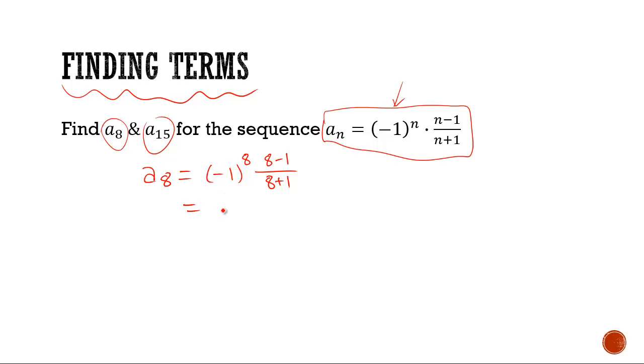All this means is that it's positive, and then you have 7 over 9. And find a to the 15. So to the 15th power is going to stay negative, and it'll be 14 over 16. So it'll be a negative, and then you can simplify 14 over 16 to be 7 over 8.